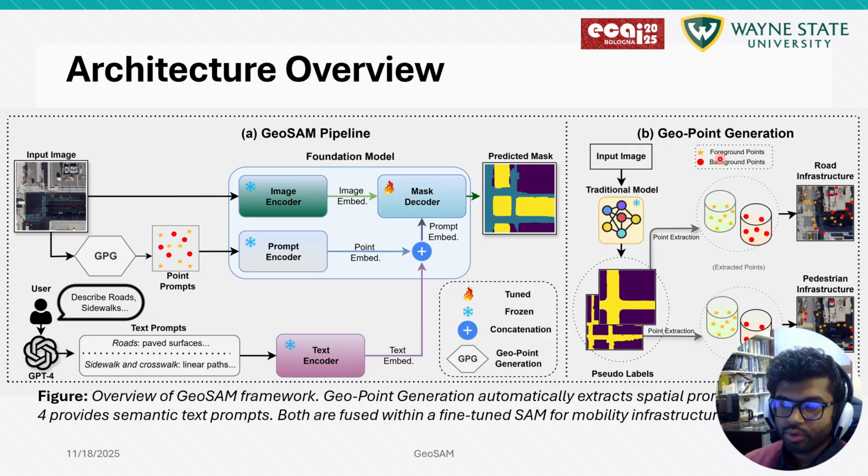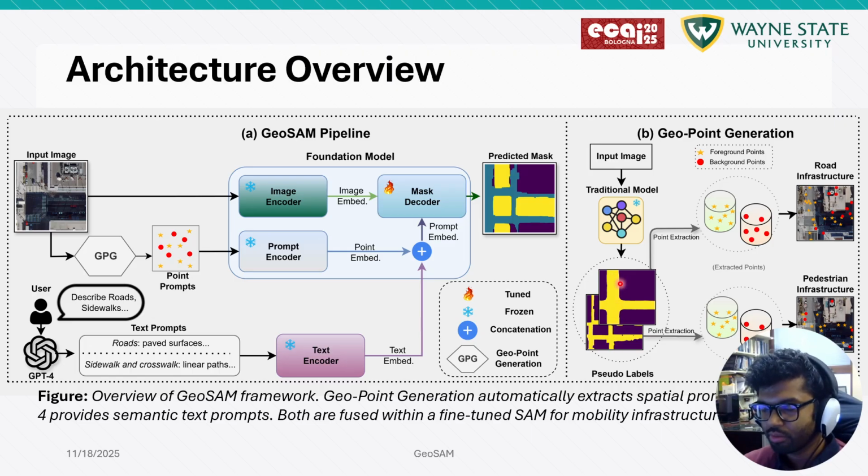So how does geo-point generation work? If we get an input image, we use another traditional pre-trained model in the same domain, and we get pseudo masks for each class. We use the foreground information from the generated mask as a possibility of where points come from.